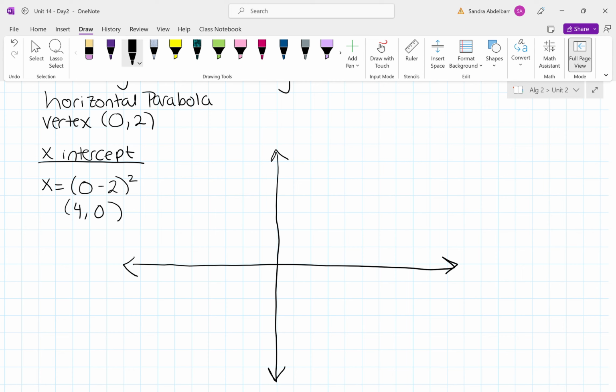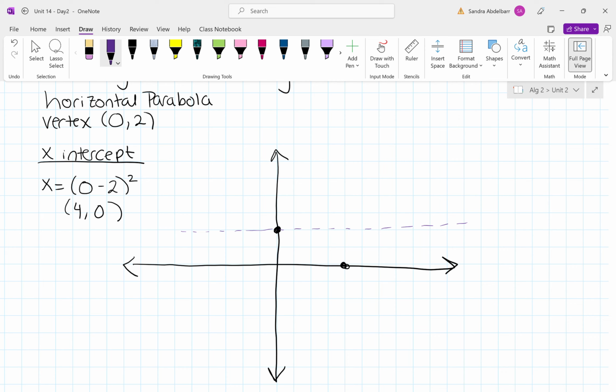Okay, so let's do this. So our vertex is 0, 2. And then we have an x-intercept of 4, 0, 1, 2, 3, 4. And do we agree the axis of symmetry would just be right through the vertex? Yes? All right, so here's our vertex, here's our axis of symmetry.